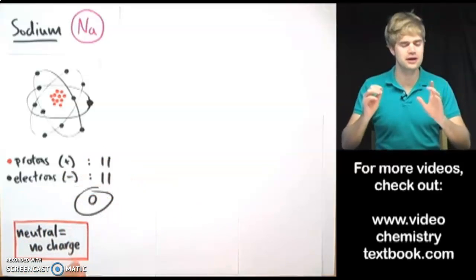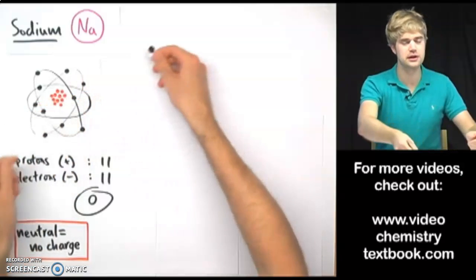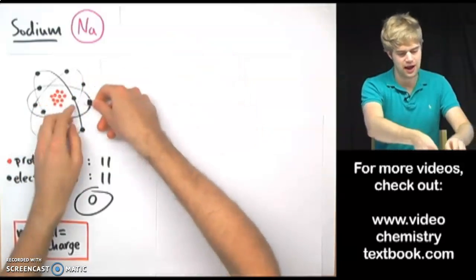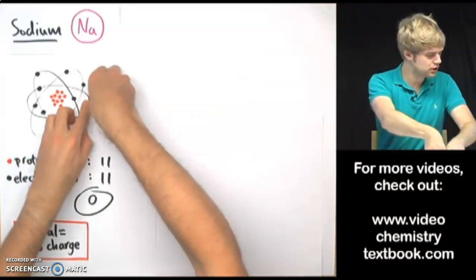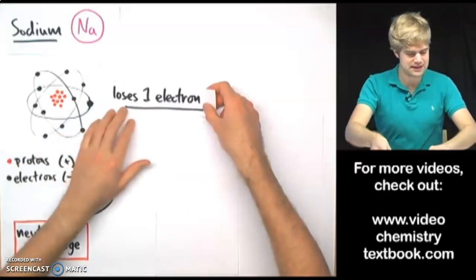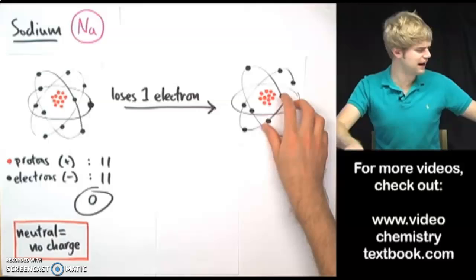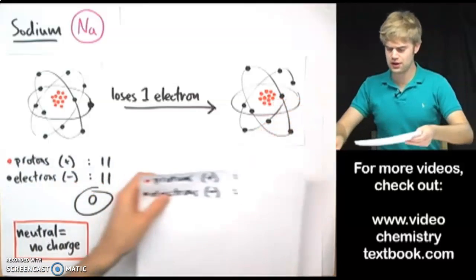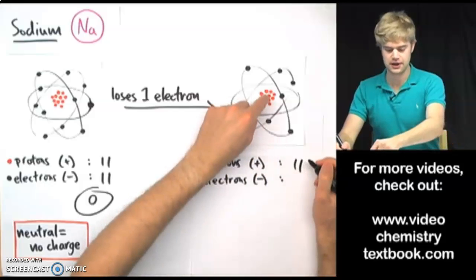Okay? But here's what can happen in sodium. You see this electron right here? It can lose this electron. It can lose it, and it flies off and usually goes into another atom. So let's look at what happens when this electron here gets lost. And now we're going to end up with a sodium atom that has 11 protons, just like it did before.